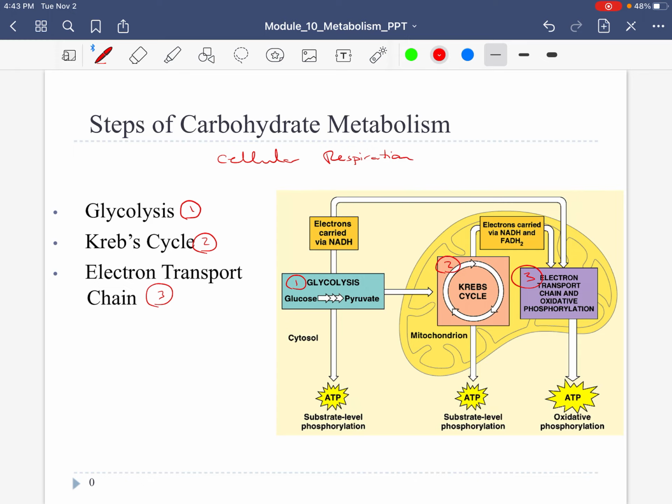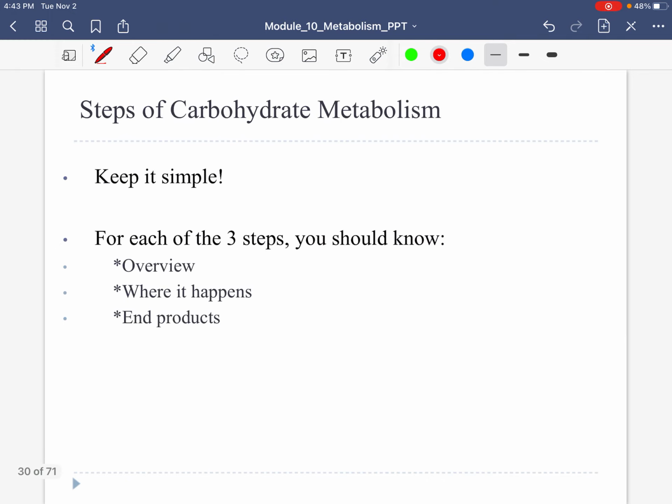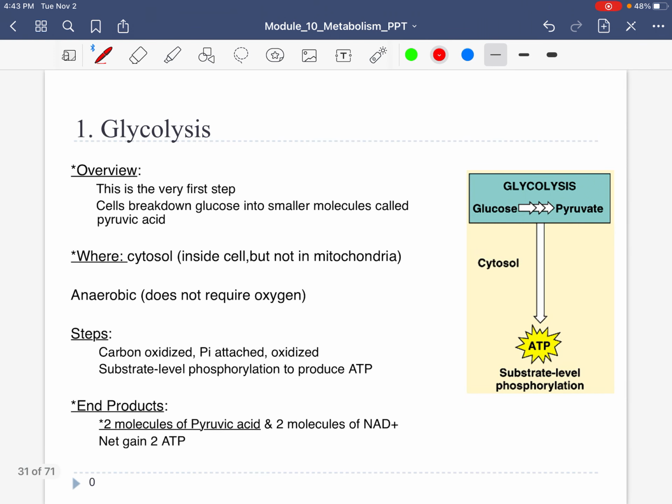It's like a set of dominoes. One has to happen for the next to happen for the next to happen. So they must happen in this order, and each one must occur successfully. We are going to, for each of those 3 steps, try and give you just the basics, where in the cell it happens, and what is produced.